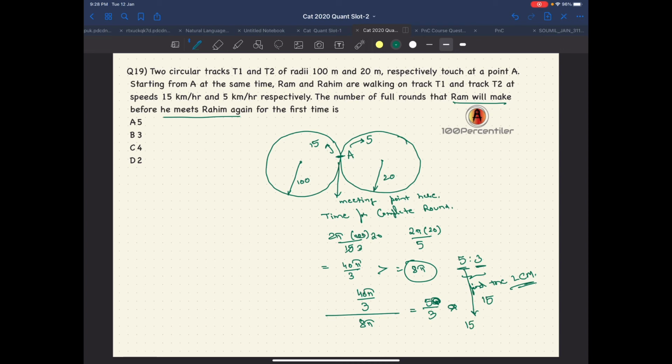So 15 will be actually the time here, and if 15 is the time, total rounds completed by the first one would be 15 upon 5, which is 3, and total rounds completed by the second one would be 15 upon 3, which is 5. But we have to find it for Ram, therefore 3 is the required answer here. So for Rahim it would be 5 rounds, and for Ram it will be 3 rounds.